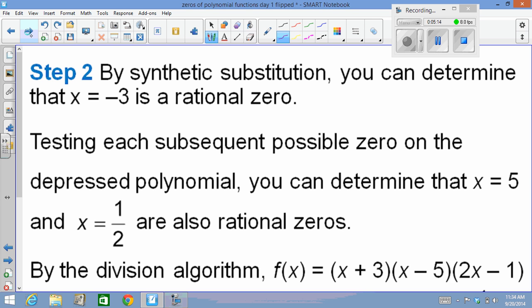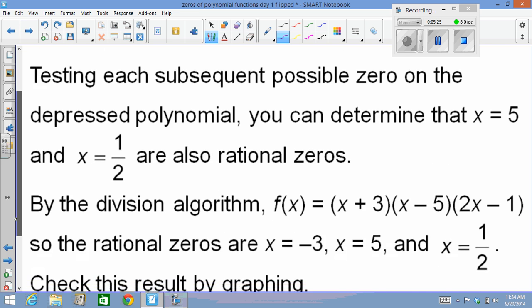Now, if you use synthetic substitution or synthetic division, you're going to get a depressed polynomial. Since my original equation was an x to the third, my depressed polynomial would be an x squared. So when I get an x squared, I would get a polynomial that could be factored.